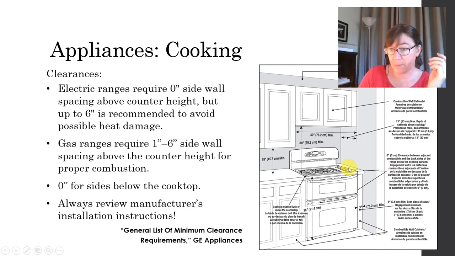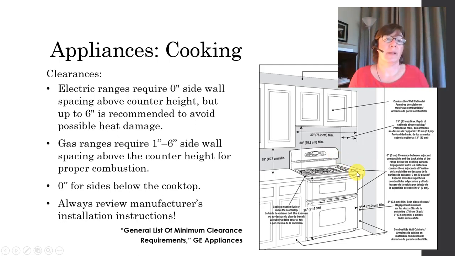So this sidewall could be right up against this range. That's allowed, but it's not recommended. Up to 6 inches is probably the minimum that I would recommend. Gas ranges actually require a spacing up here and could be somewhere from 1 to 6 inches.